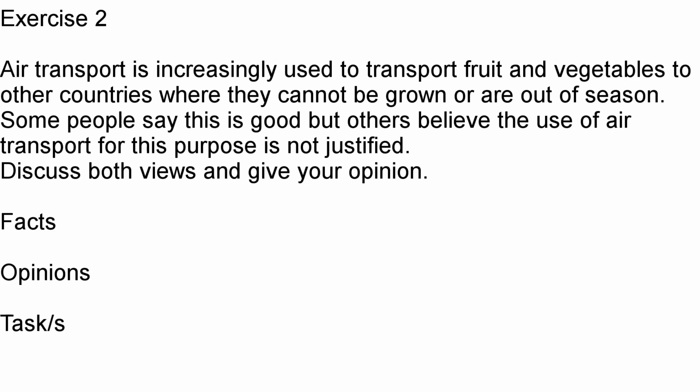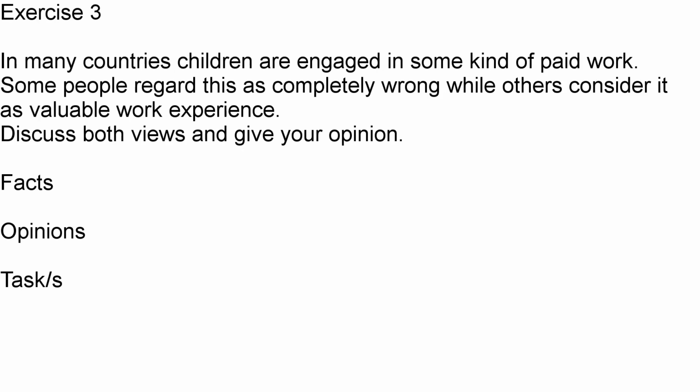See if you can identify which of them contain facts, opinions, and tasks. Of course, some of them might contain only facts and a task, or possibly multiple tasks. Some of them might only contain opinions and a task. It varies.